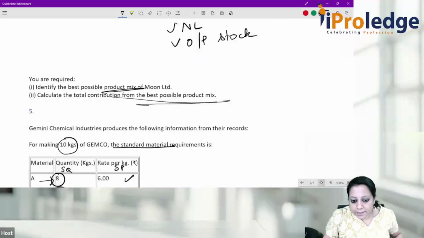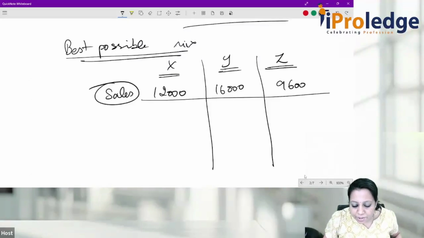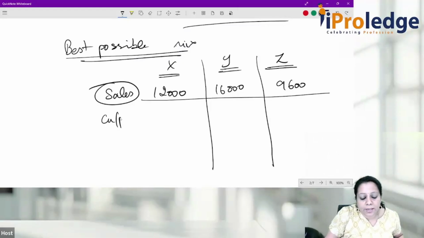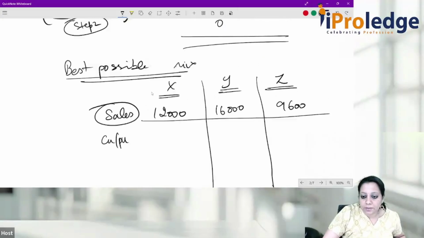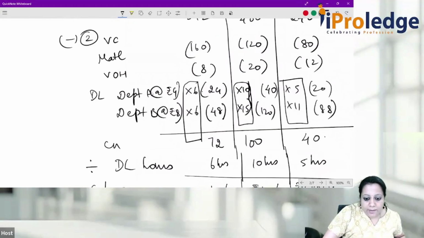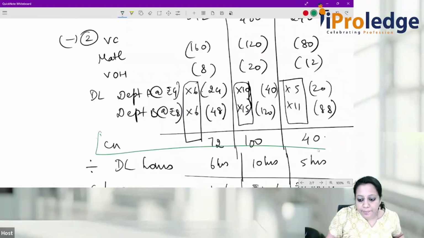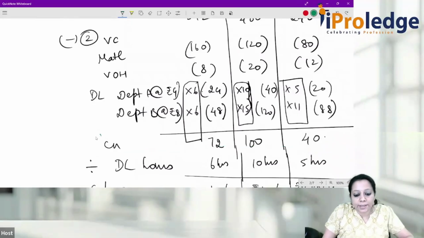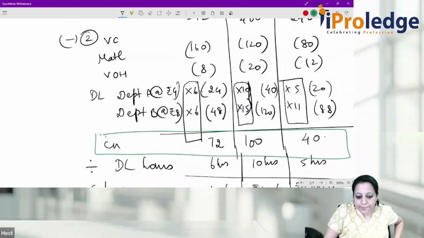Then what have they asked next? Total contribution. Contribution per unit is going to be how much? Already we calculated, no? We did. No, no, contribution per unit. Because we have taken units only, no? Yes.